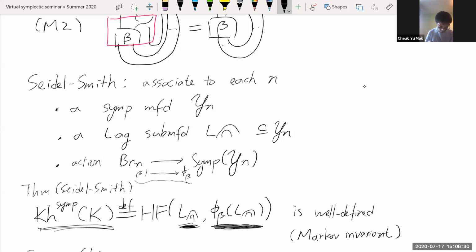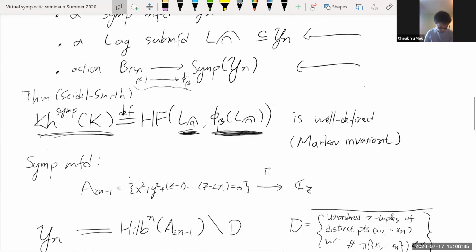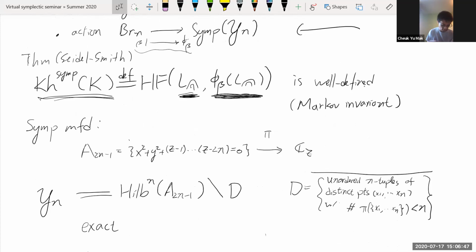To explain it in more detail, I need to explain what the symplectic manifold, the Lagrangian submanifold, and the braid group action are. So let's start with the symplectic manifold. To construct the symplectic manifold Yn, we first need to consider the A_{2n-1} Milnor fiber, which is this hypersurface defined explicitly by this equation.